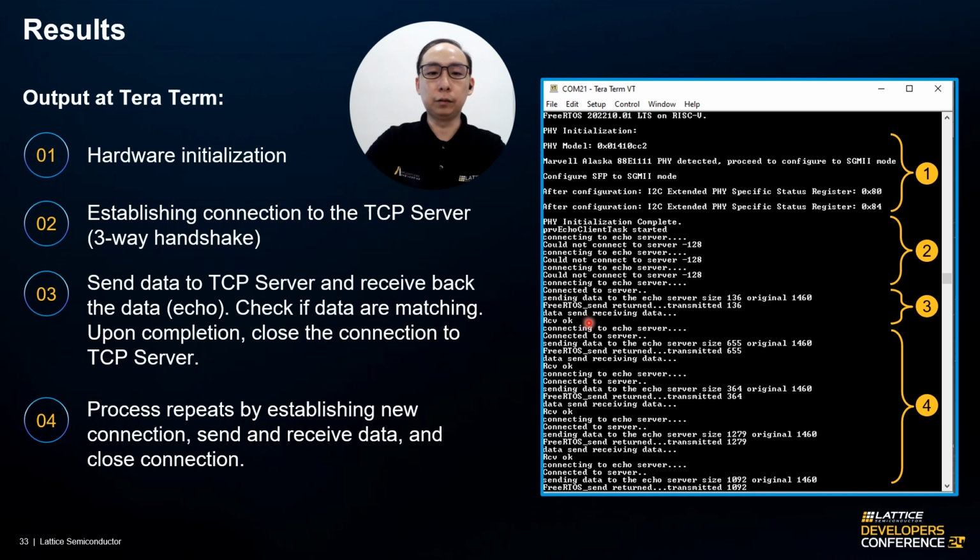In this case, the receipt is okay, and then it closes the current connection, and the process repeats again. As you will see in all these subsequent printouts here, different sizes of Ethernet packets have been constructed, sent, and received via the Ethernet interface.